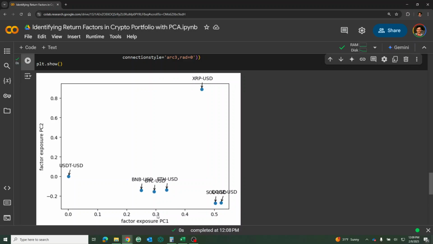One of the things I don't really like about PCA analysis is that this is great. It's like, okay, cool. So we have XRP, we have Doge and Solana having big exposure to these factors, but what are these factors? I don't know.